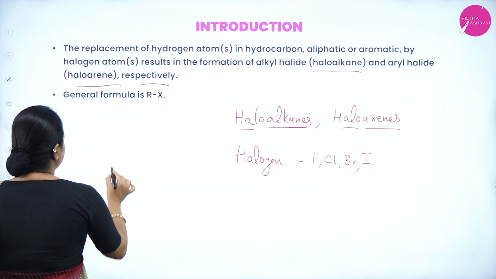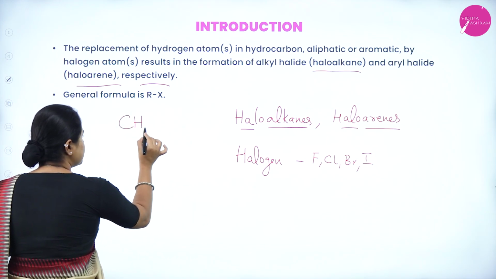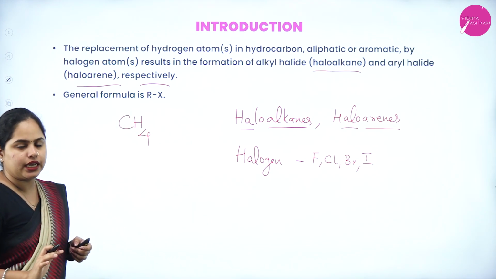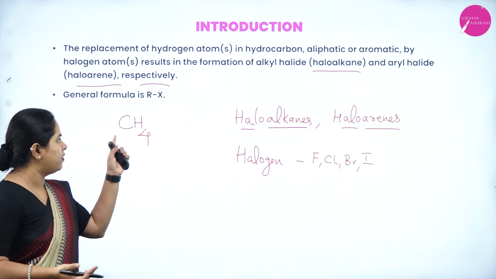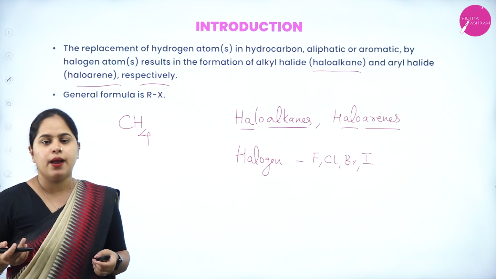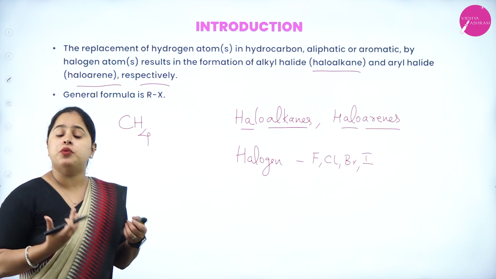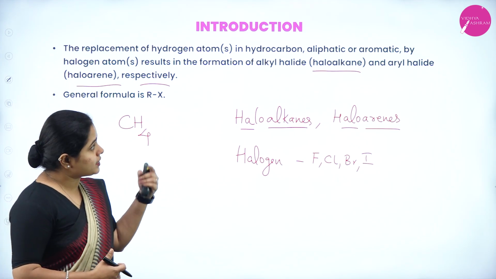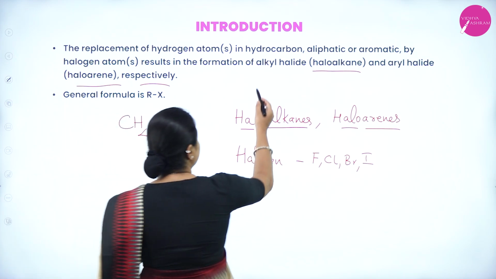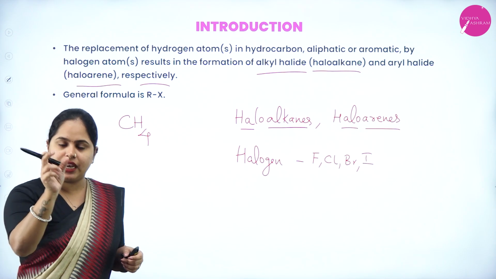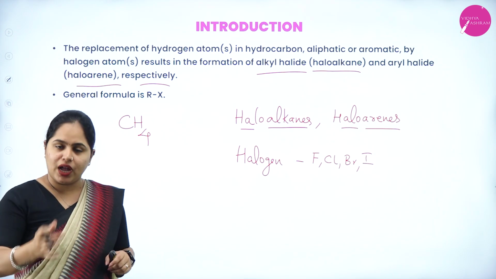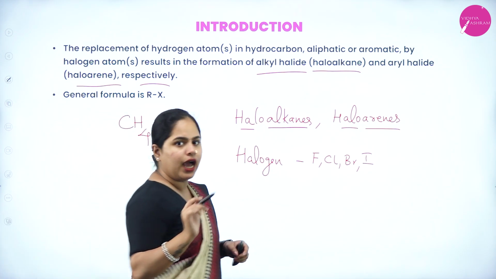For example, let us take the simplest alkane, CH4. This is an alkane, we already know that. What is the name of this? It is called methane. Only one carbon atom is there, so it is called methane, right? So how do we obtain a haloalkane? Another name for haloalkane is alkyl halide. Alkyl stands for, we are going to discuss.